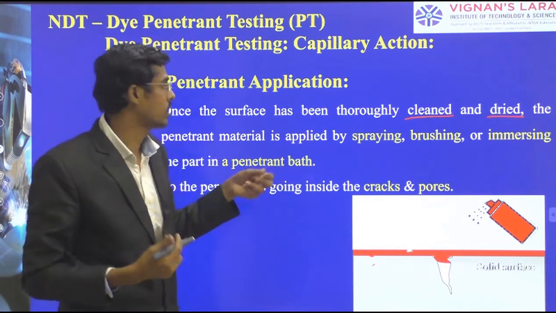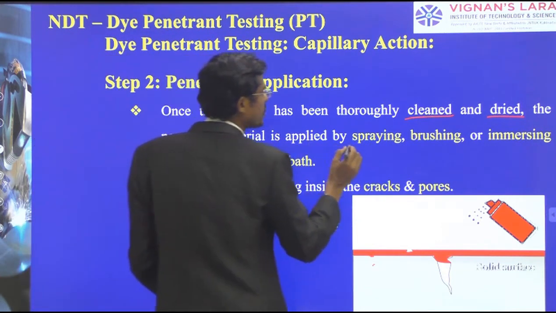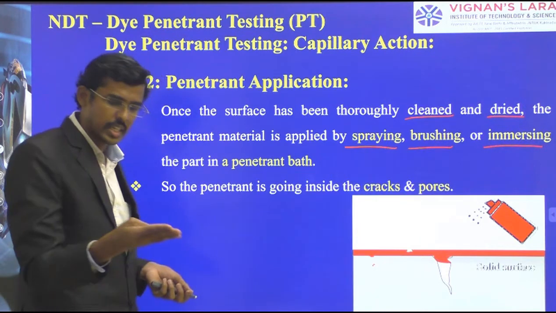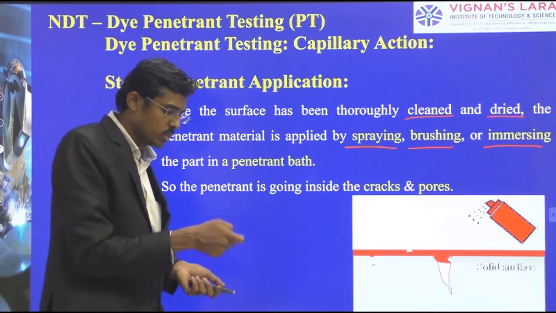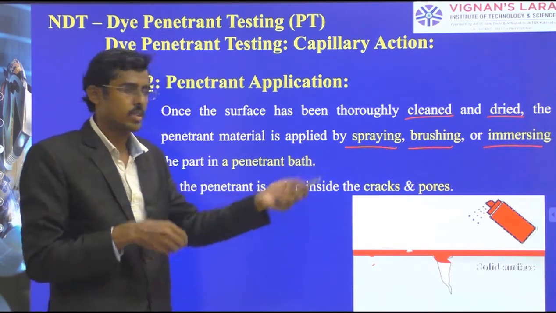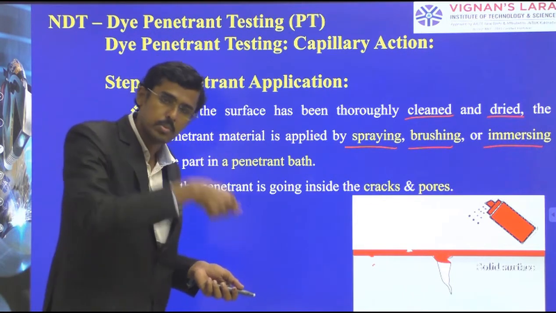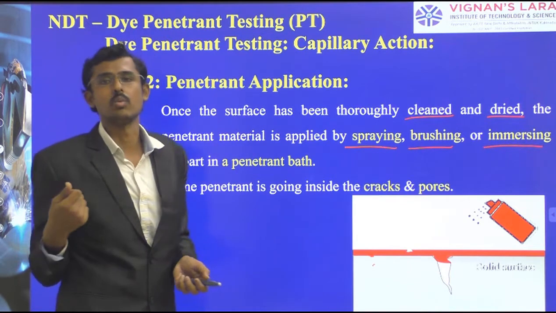So we have to create that by drying, and then the penetrant material is applied by spraying, brushing, or immersing. We can take a painting brush, or use spray methods, or otherwise immerse the part in a long tub or tank, dip it and take it out.